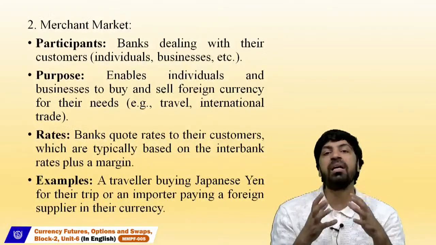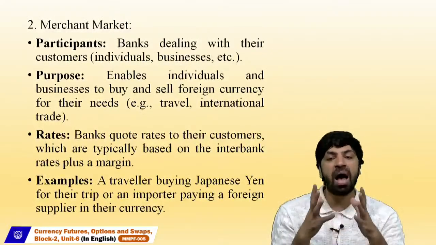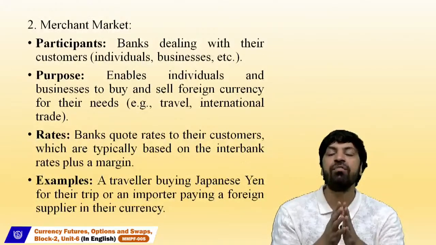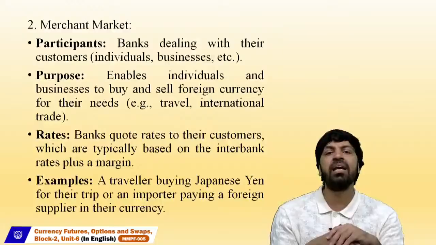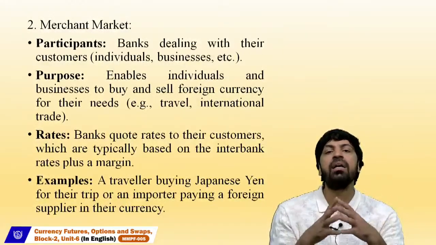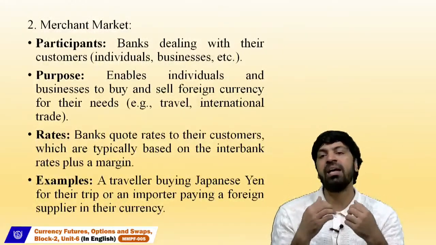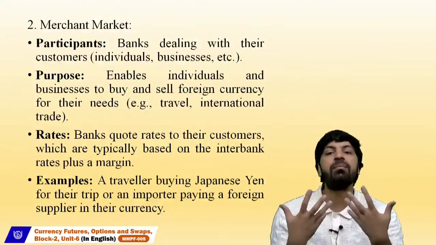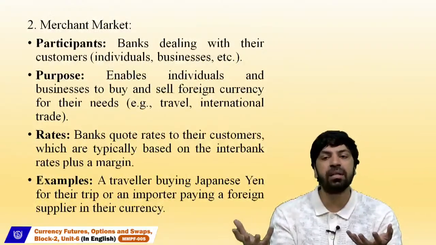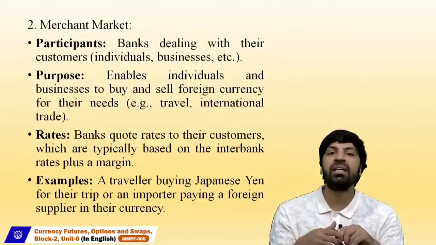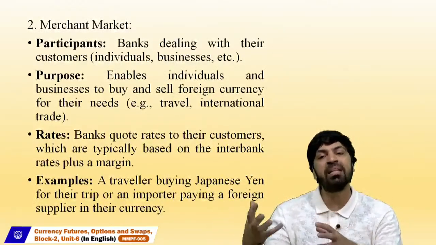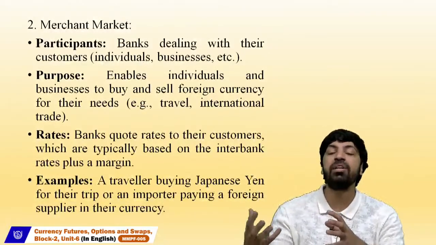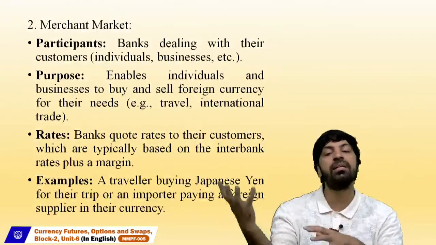An example could be a traveler who wants to buy Japanese yen for their foreign trip, or an importer paying a foreign supplier in their currency. So if I am in India and I want to make a payment to a Japanese company, I would make a payment in the Japanese currency in Japan.